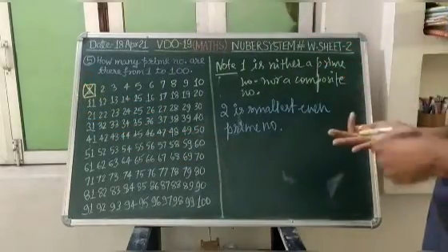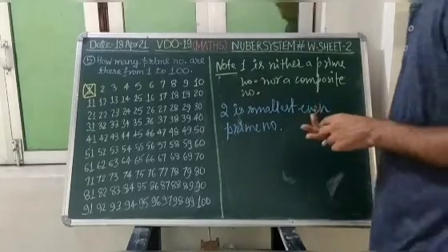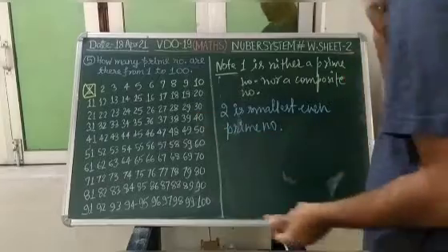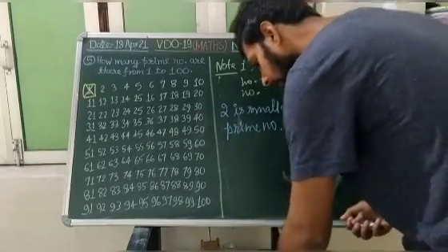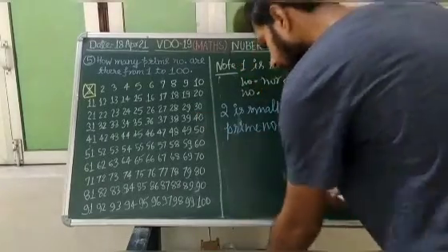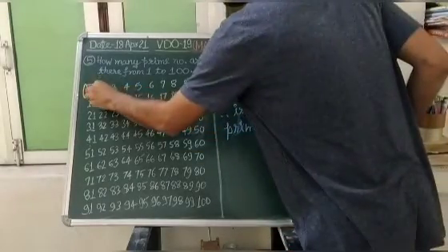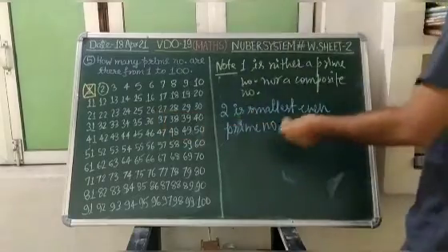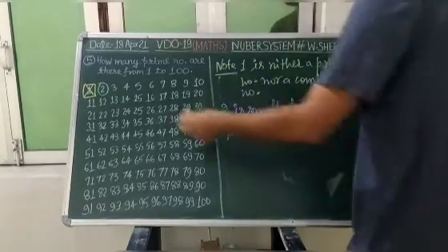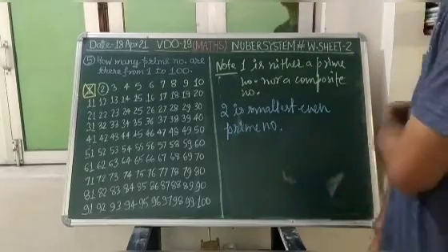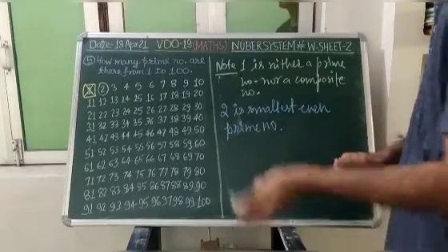So the problem is asking what are the prime numbers from 1 to 100. So for that, 2 is the prime number. I have told you 2 is the smallest even prime number. 3, when you look, will be only divisible by 1 and itself.